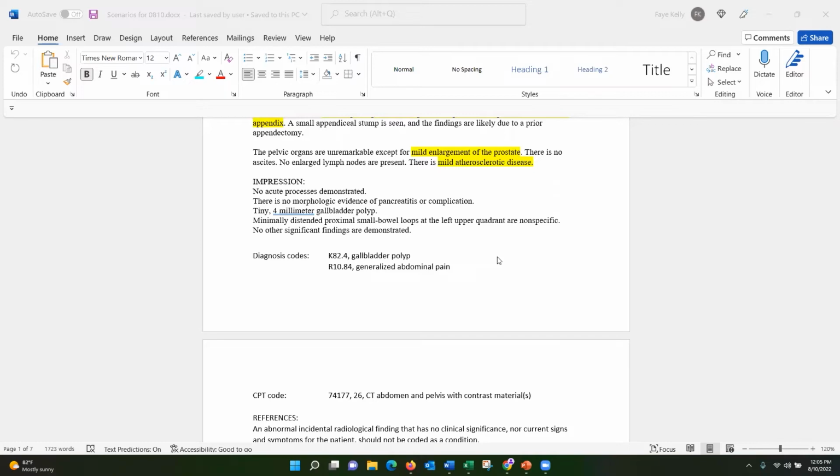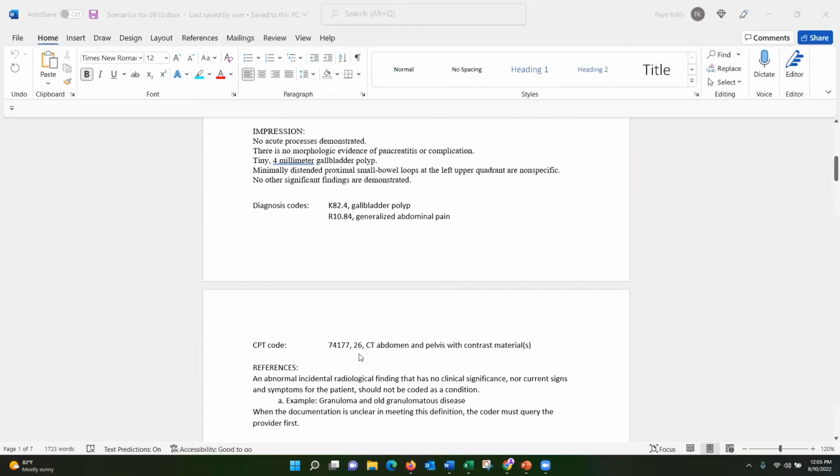The two diagnoses that we're going to pick up from this report is the gallbladder polyp at K82.4, and then we're going to pick up that generalized abdominal pain with R10.84, because we do not have any confirmation, any linkage saying why the abdominal pain. So we've got to identify that.